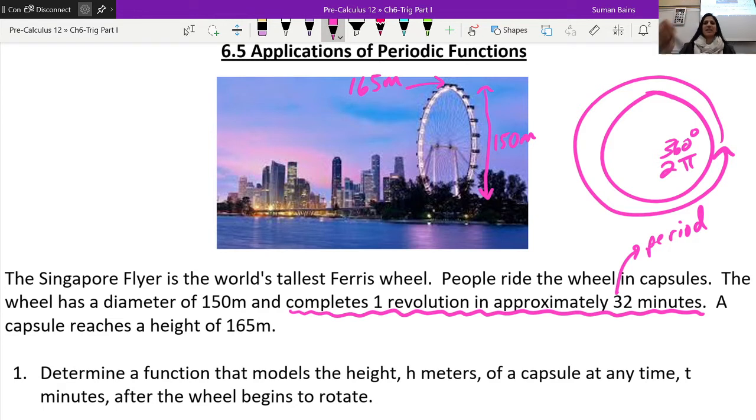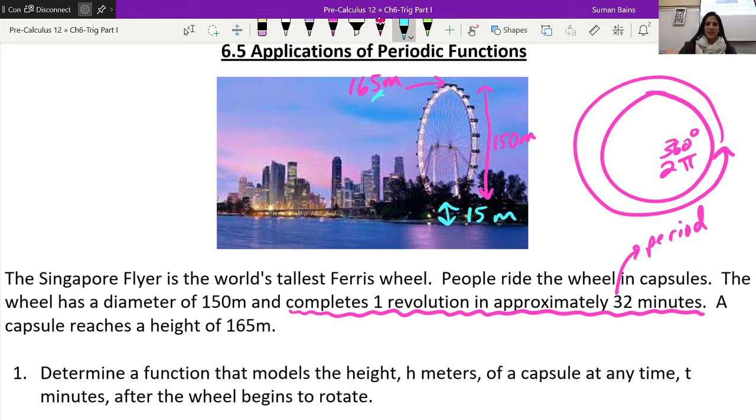If it goes up to 165 and the diameter is only 150, then what do we know about this thing? Yeah, so basically there must be a stand or something at the bottom here, that's 15 meters, in order for the total distance to make sense.